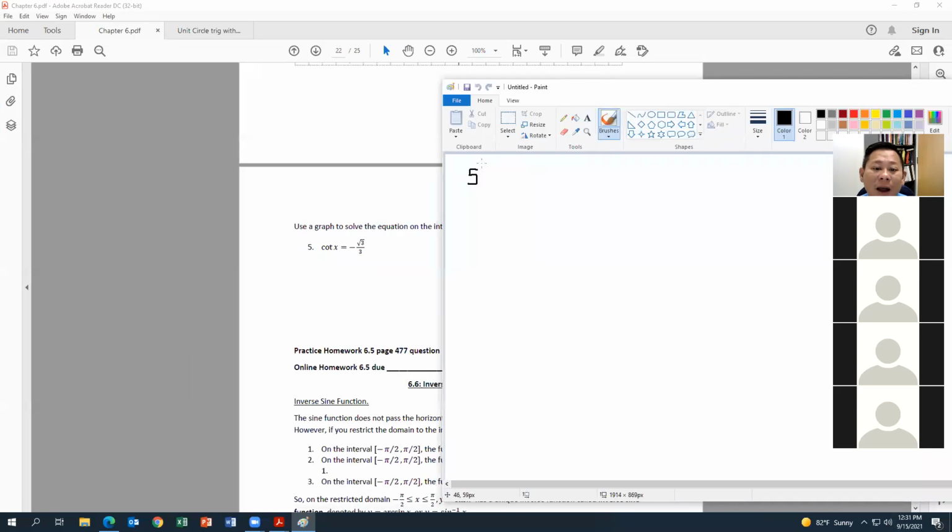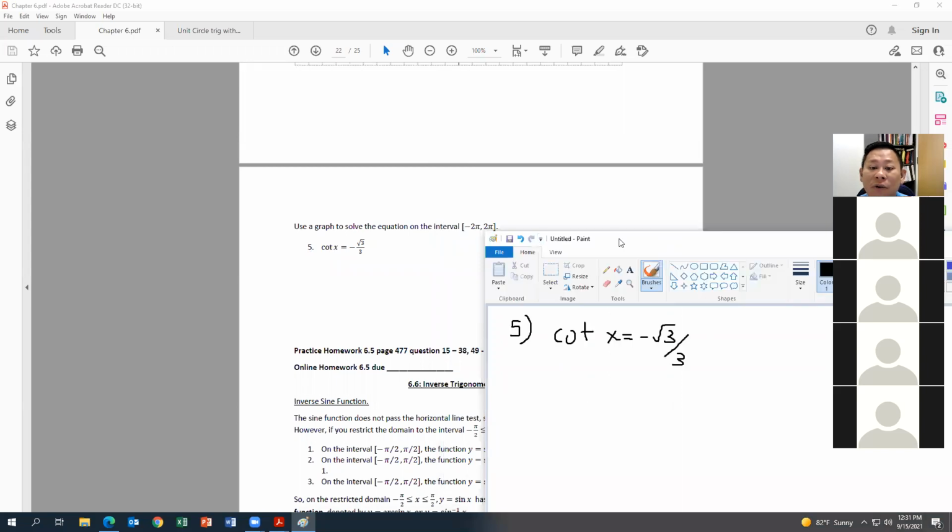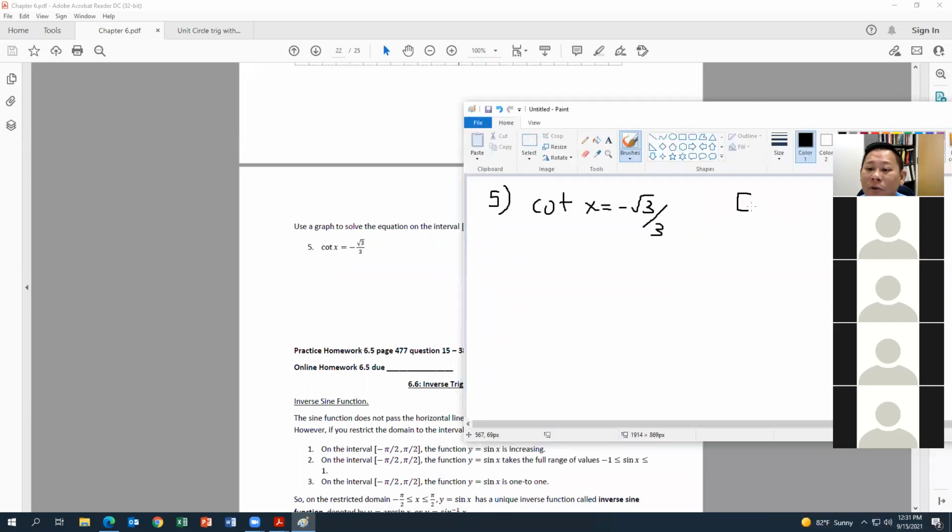So number 5 here is asking us for cotangent x equals -√3/3. So you need to figure out x in this case. Don't forget x is your angle, and you need this in the interval of -2 pi and 2 pi.